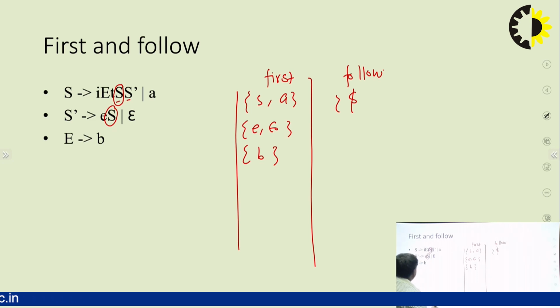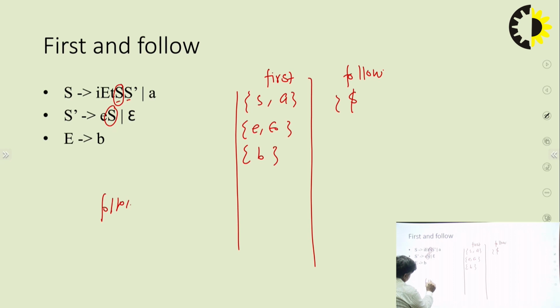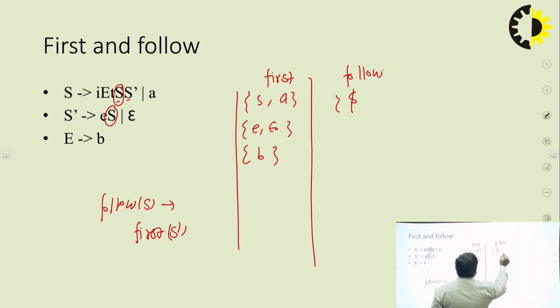Then what is the follow of S? Follow of S is equal to first of S dash. What is the first of S dash? E and epsilon. And when we put epsilon here, this one is blank.